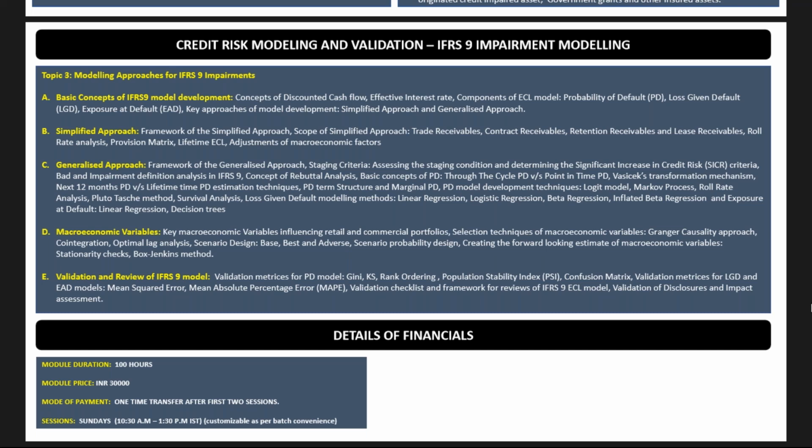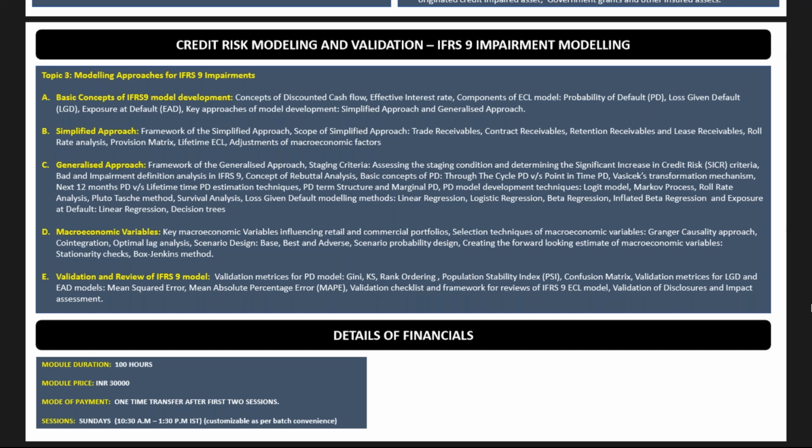So if you have an IFRS 9 model developed by your bank and you need to monitor or review it, how do you go about doing it? Unlike the credit risk modeling module, which is very quantitative in nature and talks about statistical models and methods, the basic statistics is being left out over here, and the focus is brought onto the business side, the regulatory side, and the modeling side.